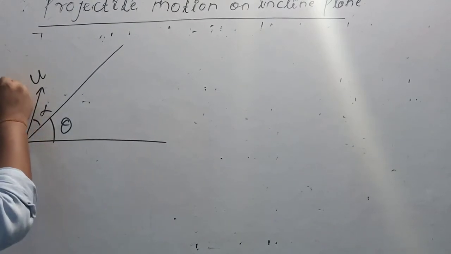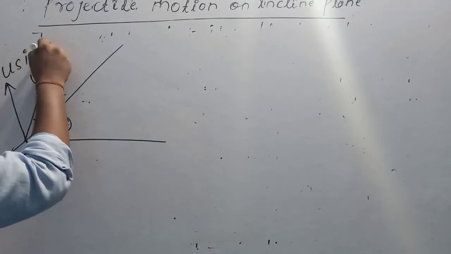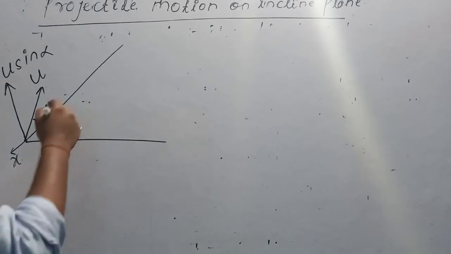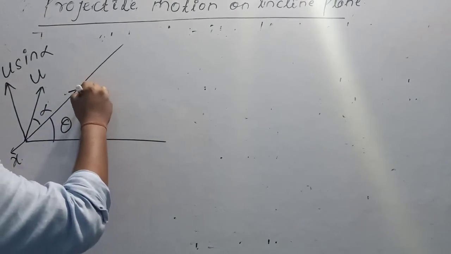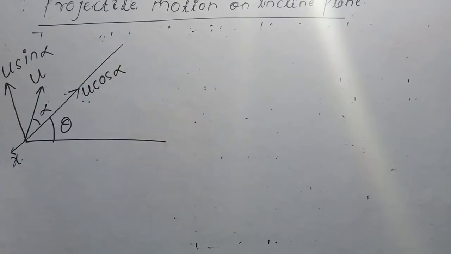Now resolving into components, the y component of initial velocity will be u sin alpha, and the x component of initial velocity will be u cos alpha. Or simply you can say this initial velocity is making angle alpha with the x-axis.